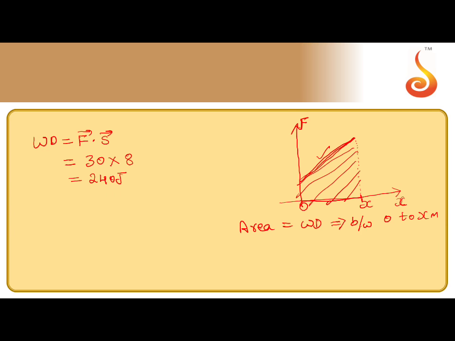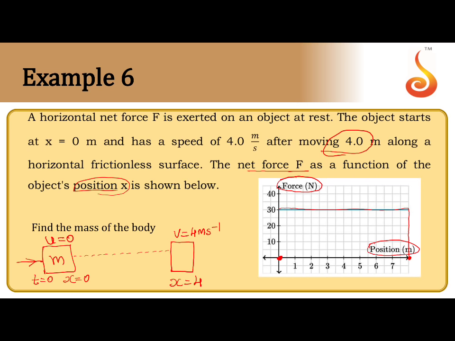Now, what is asked in the problem is: at x equal to 4 meters, the velocity is 4 meter per second. Find the mass of the body. So I will find the area of this rectangle. That gives the work done by the force for a displacement from 0 to 4.